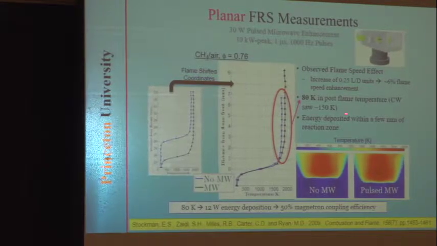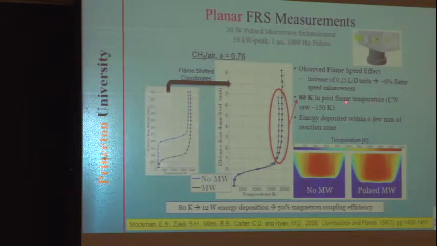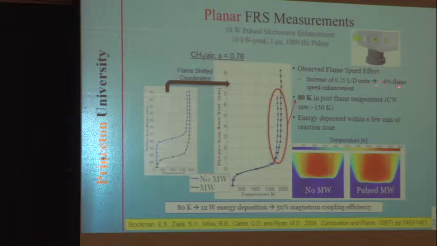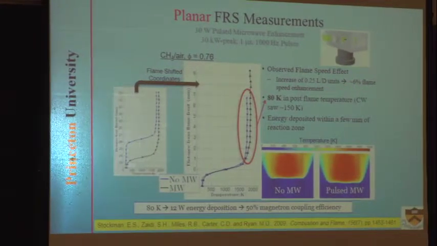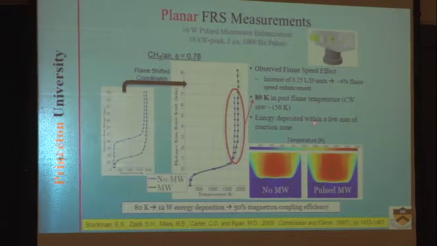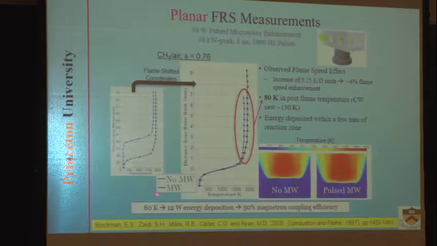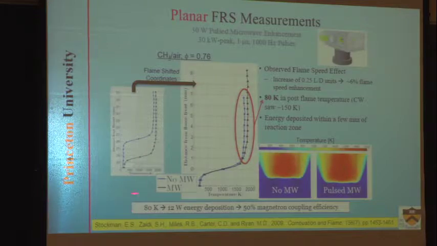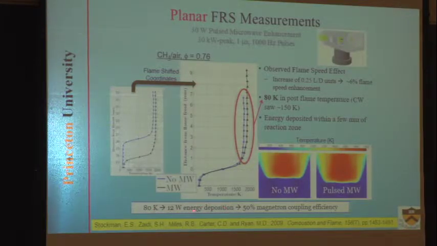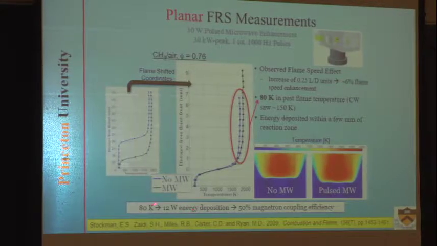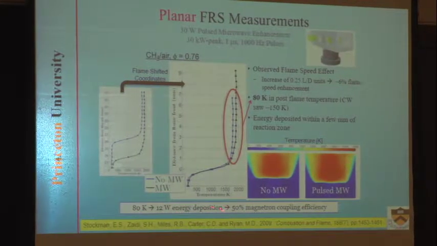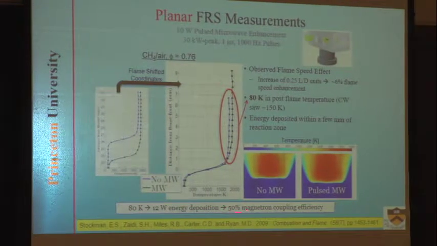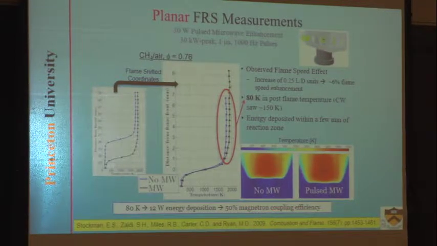So what you see is a 6% flame speed enhancement, and really what you did is raise the flame temperature by 80 Kelvin. This 80 Kelvin is converted to 12 watts of energy deposition to the flame front, which is 50% coupling efficiency.